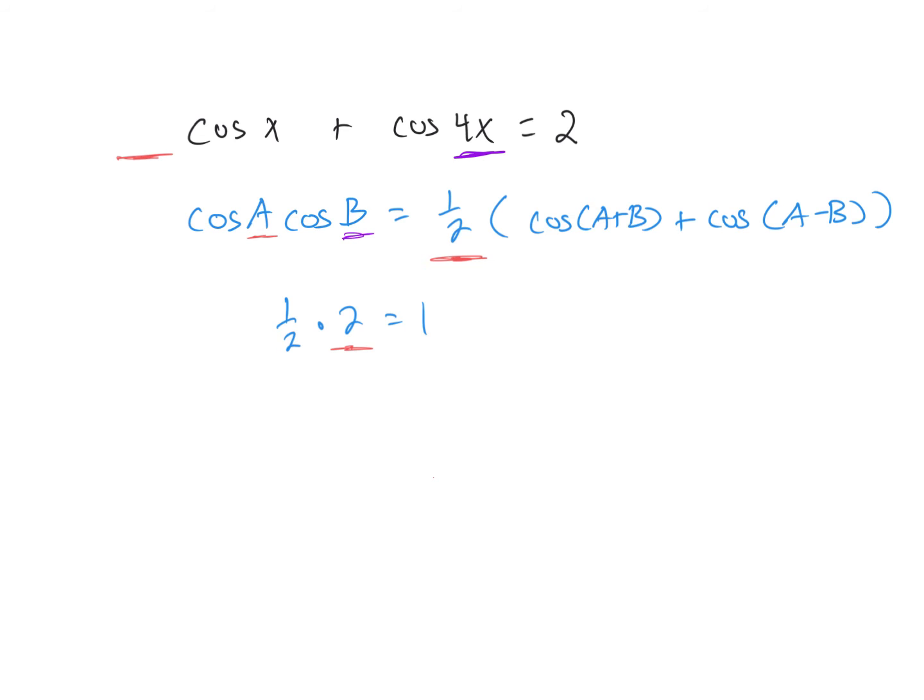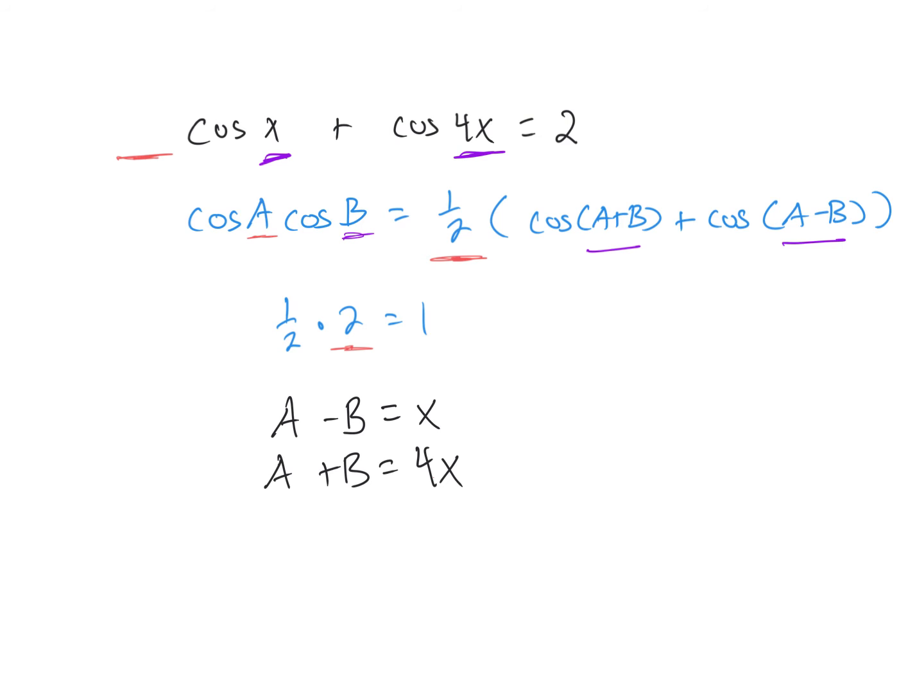We have an A minus B and an A plus B, so my A minus B is gonna be my smaller X. When I set up my system, I'm gonna say A minus B equals X and A plus B equals 4X.